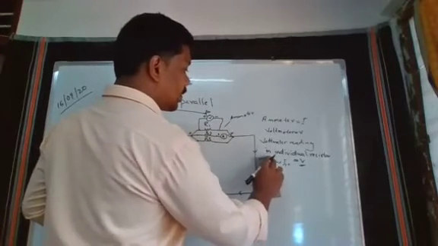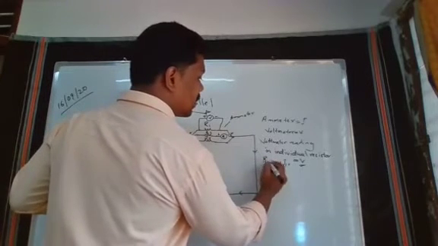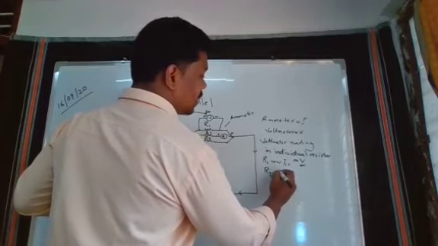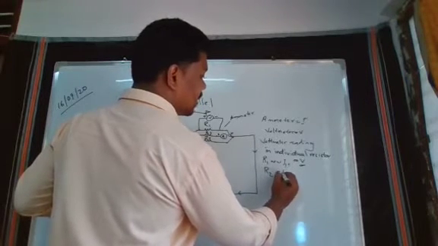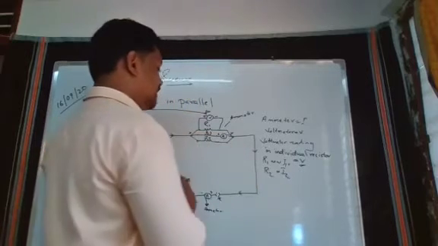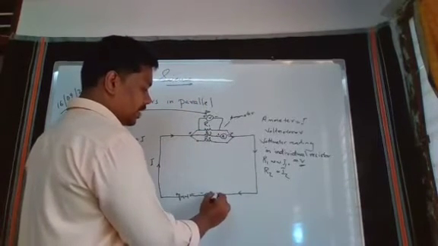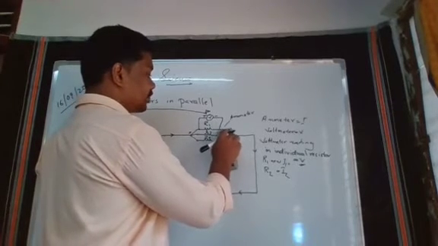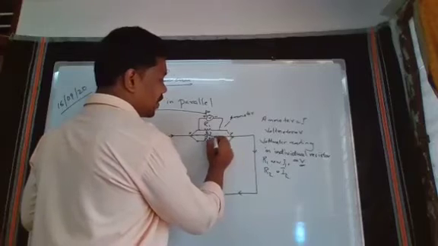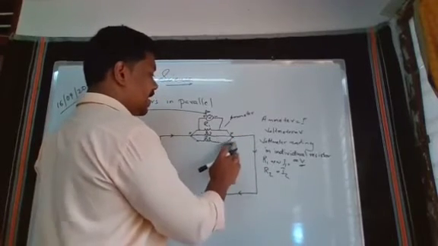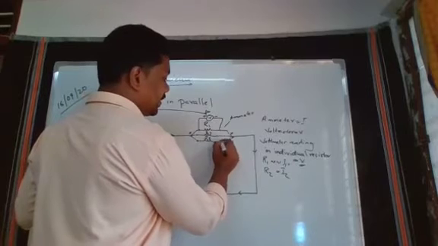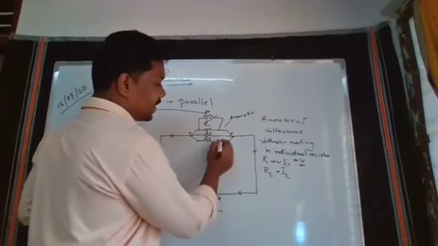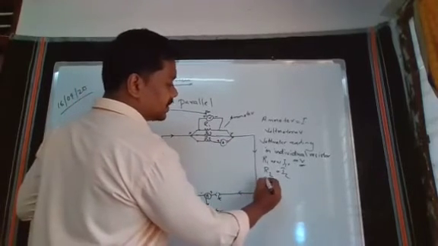Here R1 is I1 and R2 is I2. Next we switch off the key, remove this ammeter, and connect it properly, adding the ammeter A, and take the reading in the ammeter, that is for R3.